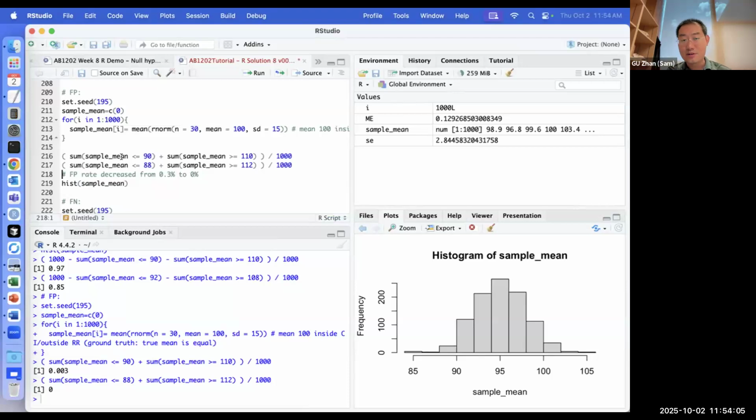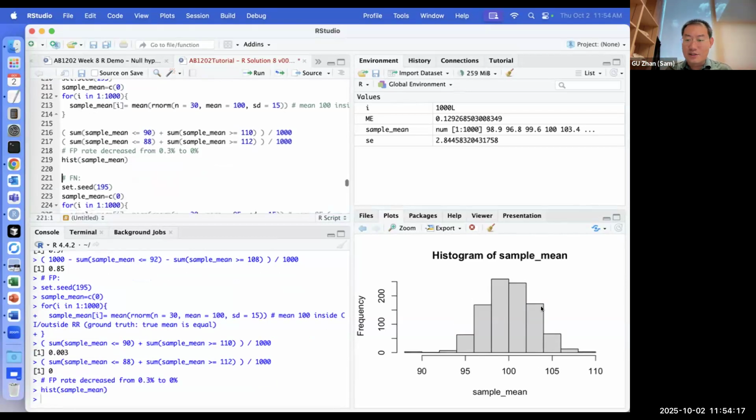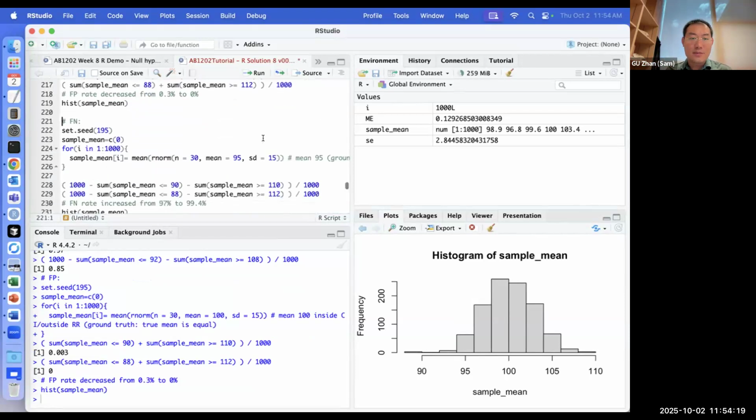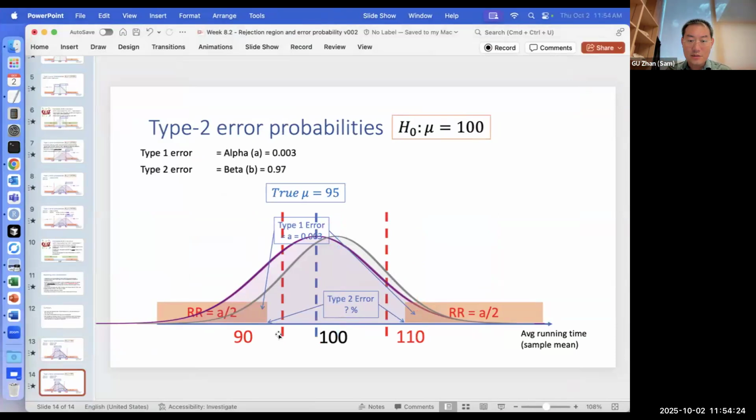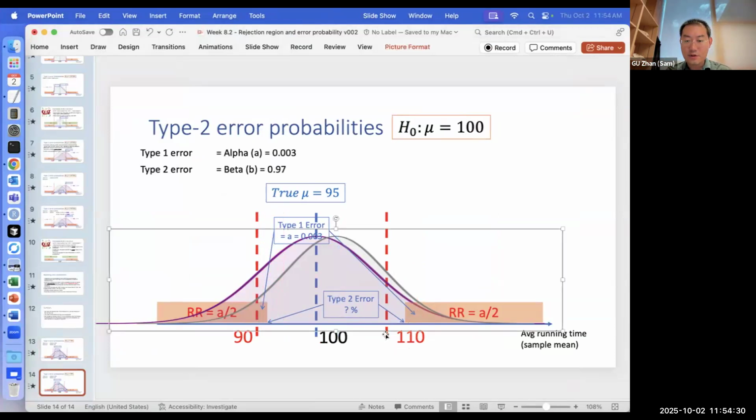In this example, it actually got 0 out of these 1,000 sample means. We have 1,000 sample means, and we find that there is 0 in this region. So it gets smaller. Then what about type 2? You make the region smaller, from 90 to 88, and from 110 to around 112.